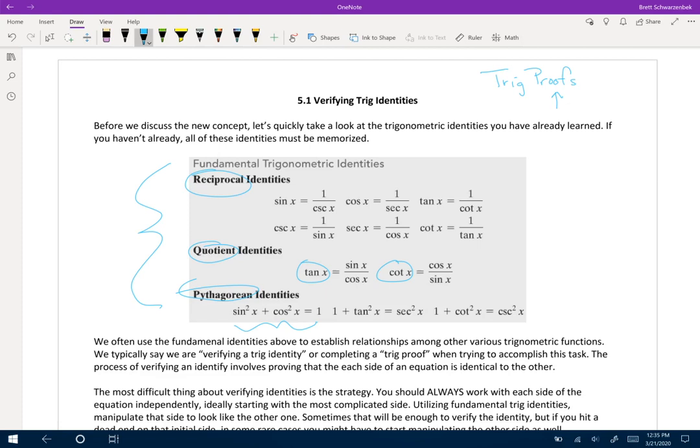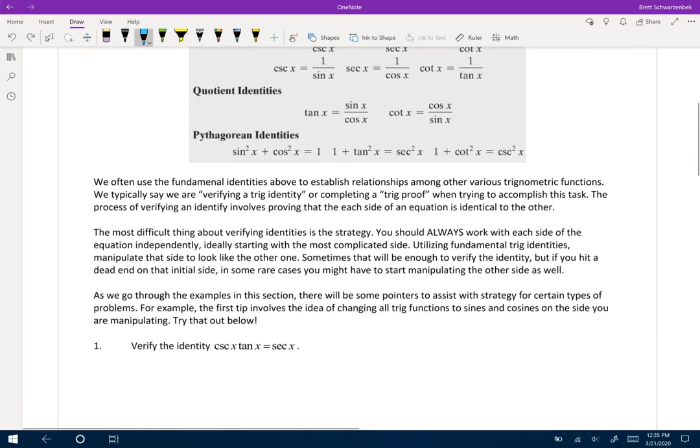And then if you divided both sides of that equation by either sine squared or cosine squared, you're going to get the other two. So the key is that we need to be able to look at this, and we have to use these identities in order to prove that one side of an equation equals another side.